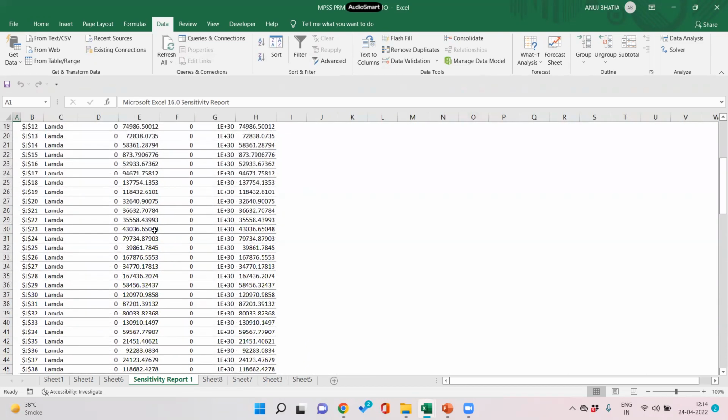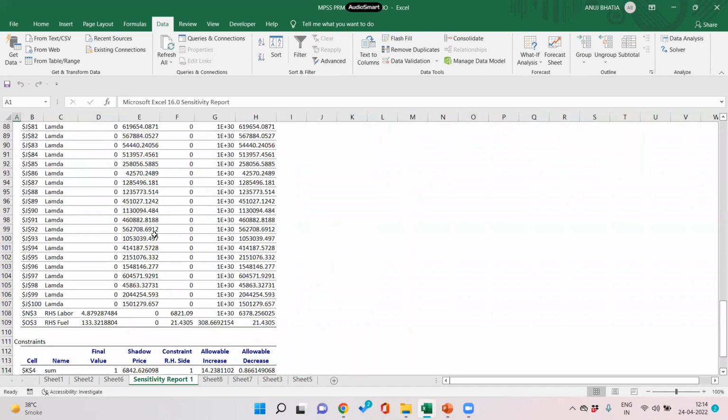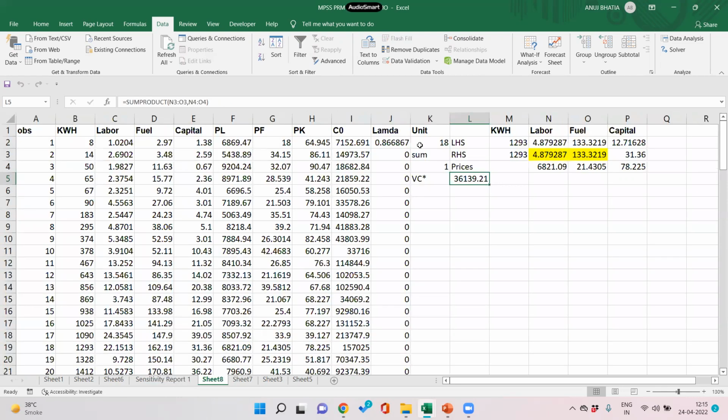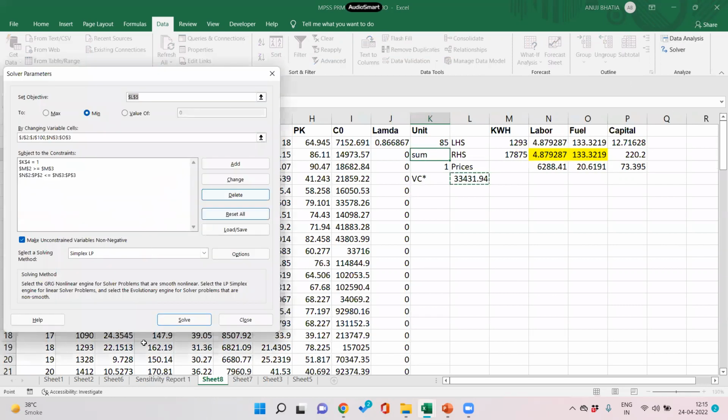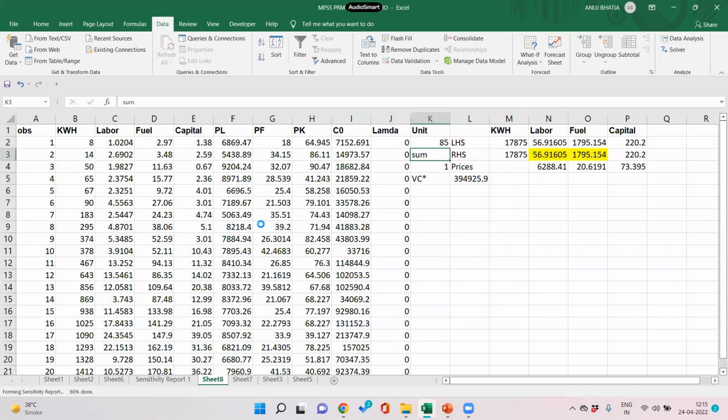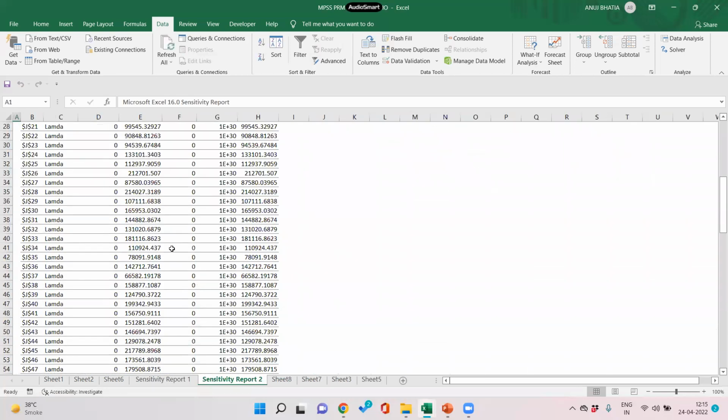If you go down on the sensitivity report, you can see the shadow price. Let us look at another unit, say unit number 85. Go to solver and solve and click on sensitivity. Click on OK. A sensitivity report is generated.